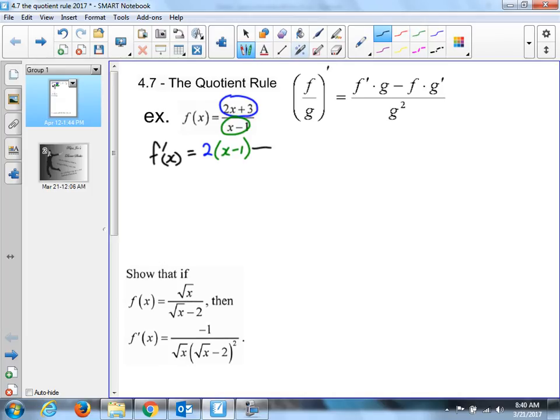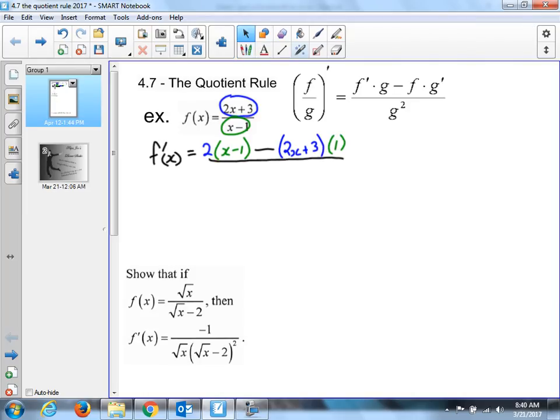Subtraction is built into the formula. The top left alone. Derivative of the bottom. The derivative of x minus 1 is 1. I'll write it down. I wouldn't normally. All over g part of the function squared.